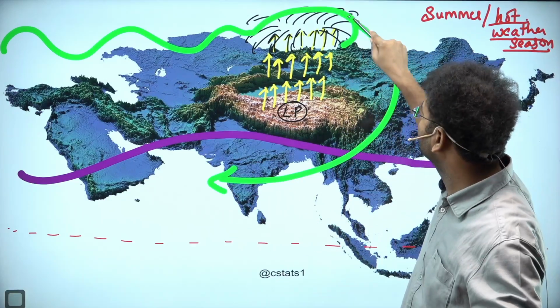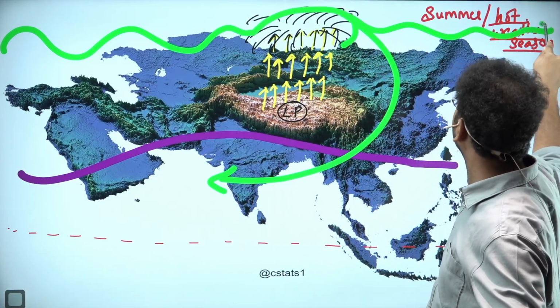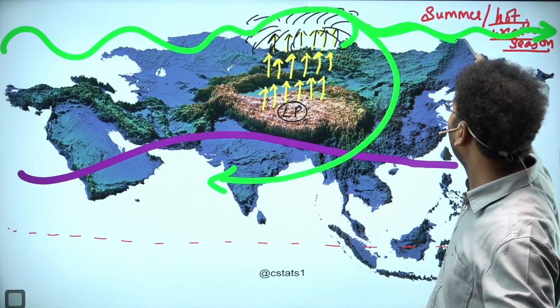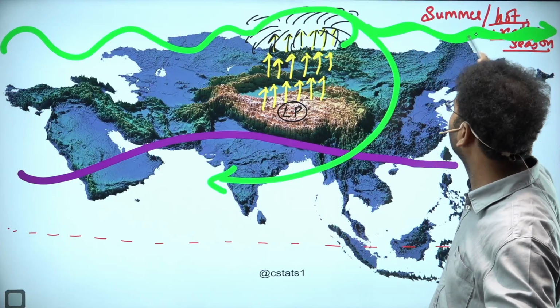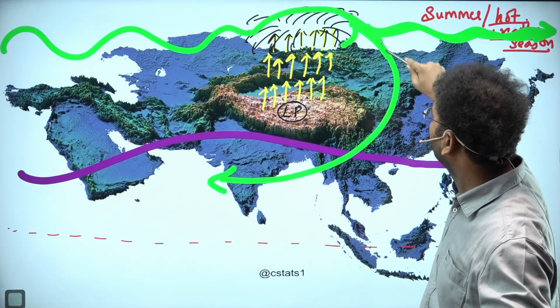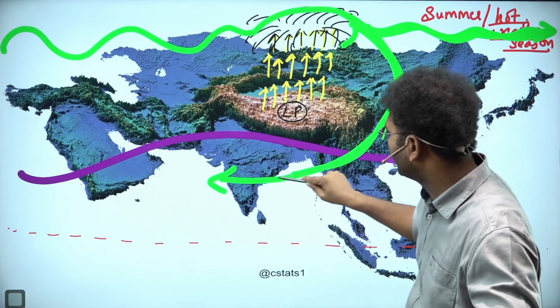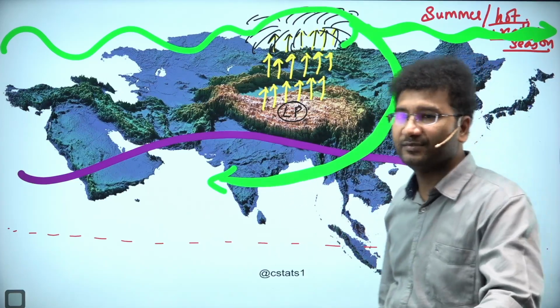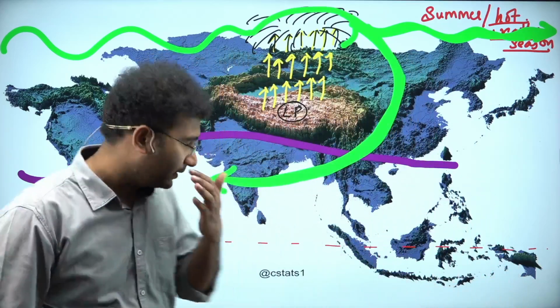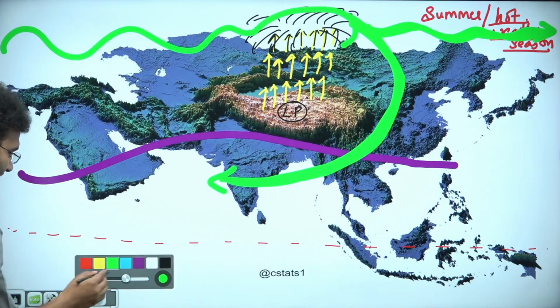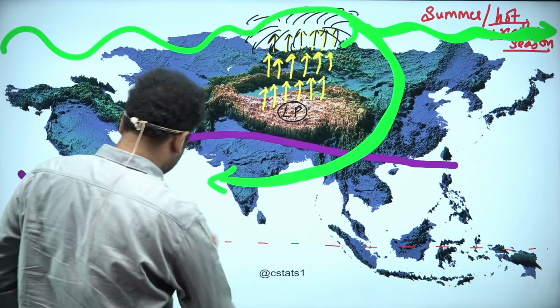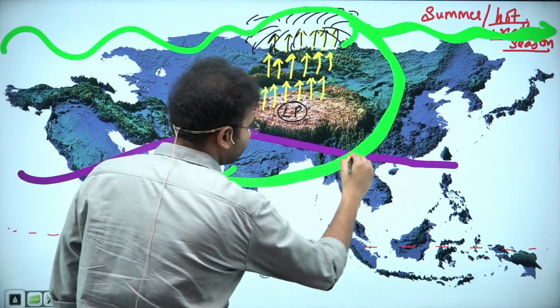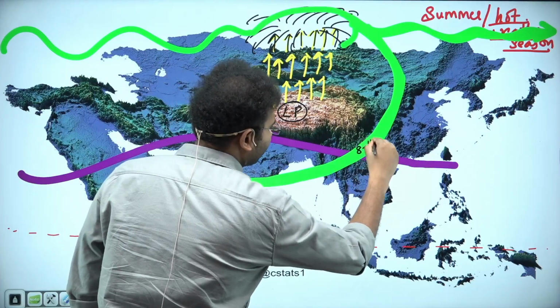A part of this jet stream will keep moving further, but a part has taken a turn and come to India. The height of this jet stream is somewhere around 8 kilometers, 8 to 10 kilometers.